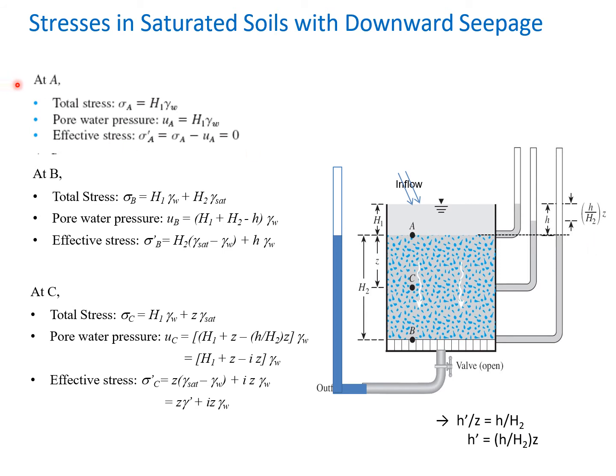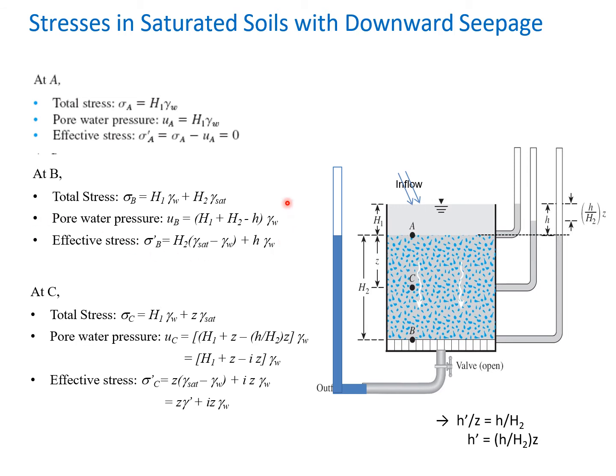Now carry out this analysis. At A, total stress is H1 gamma W, pore water pressure is gamma W H1, so effective stress is 0 again. At B, total stress sigma B is equal to gamma W H1 plus gamma saturated H2. Pore water pressure is gamma W H1 plus gamma W H2 minus gamma W small h.